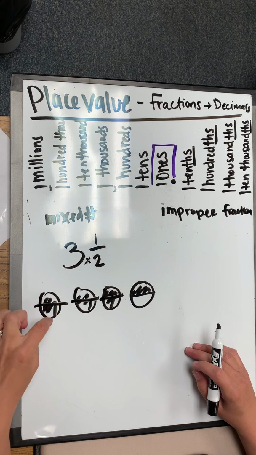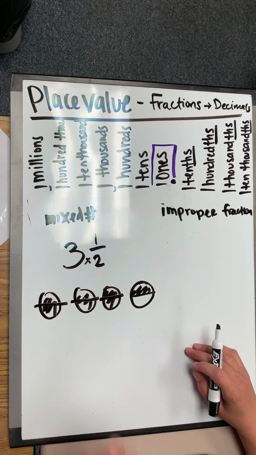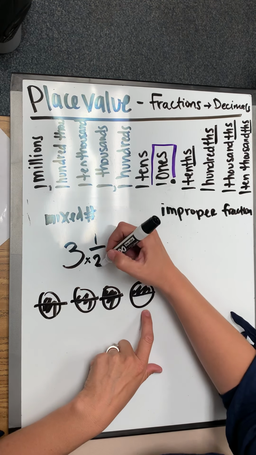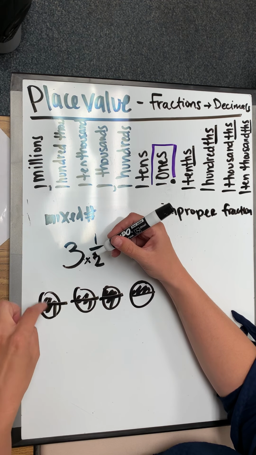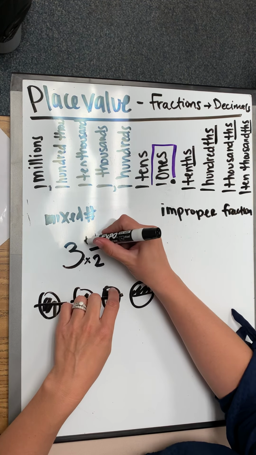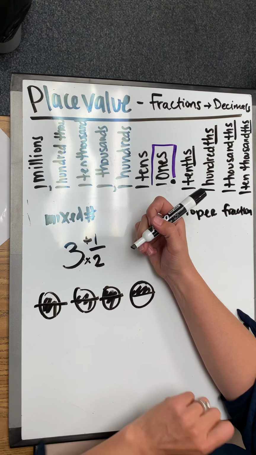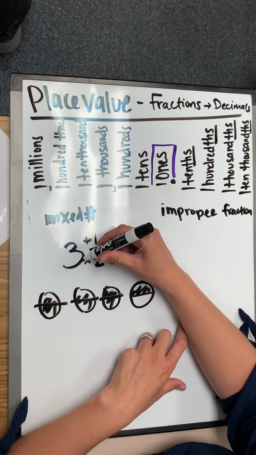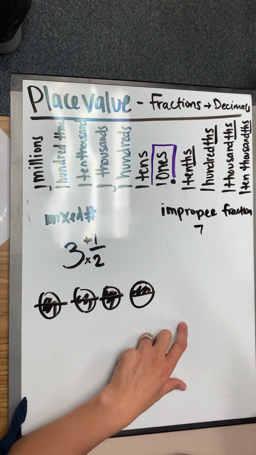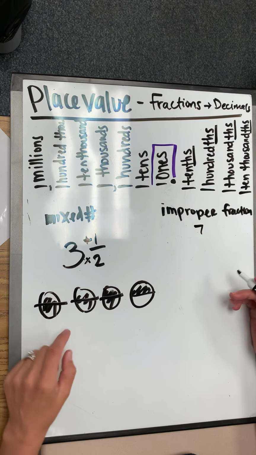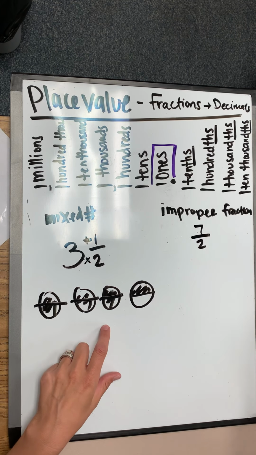So now we have 1, 2, 3, 4, 5, 6, 7 halves. Do you see that? So if I say 2 times 3, it's these 6 halves, 1, 2, 3, 4, 5, 6, and then you need to add the top number for this partial. So 2 times 3 is 6 plus 1 is 7, and we can't just say it's 7 because really it's not 7 wholes, it's 7 halves.